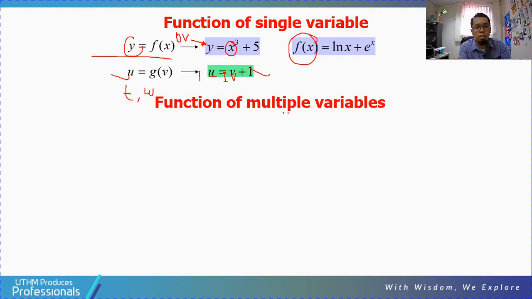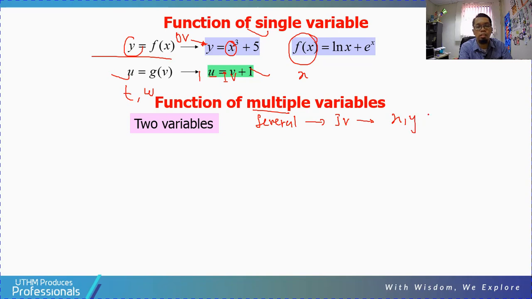So for a single variable, the independent variable is x. For multivariable, we either use the typical notation x, y, or other notations. In the course we only focus on 2 variables and 3 variables. Variable here means independent variable.